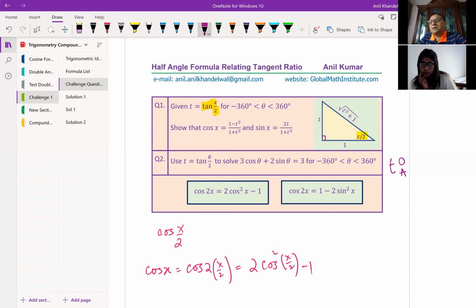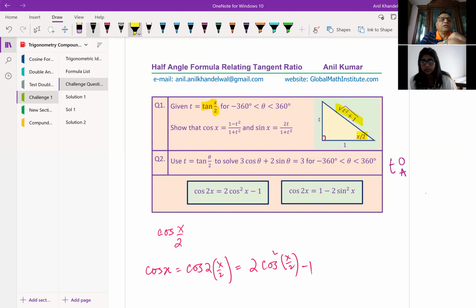Those are the sides, opposite and adjacent. So t equals tan x by 2. With that, you can make this right angle triangle where the angle is x by 2. The side opposite will be t and adjacent will be 1. Now you can use the Pythagorean theorem to find the hypotenuse, which is the square root of t square plus 1 square, as shown here, right?